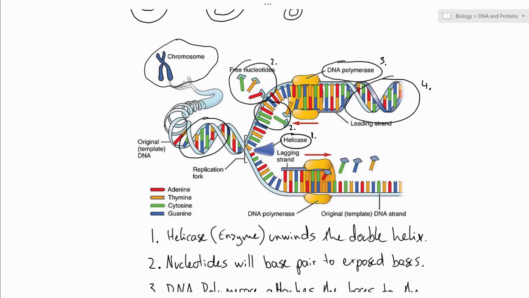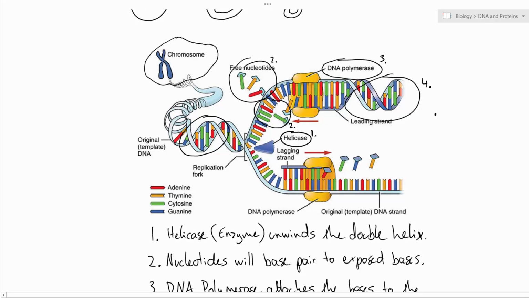A couple more things to note is that the 2 strands that make up DNA are not necessarily made equal. We have a template strand, and we have what is usually referred to as a complementary strand.